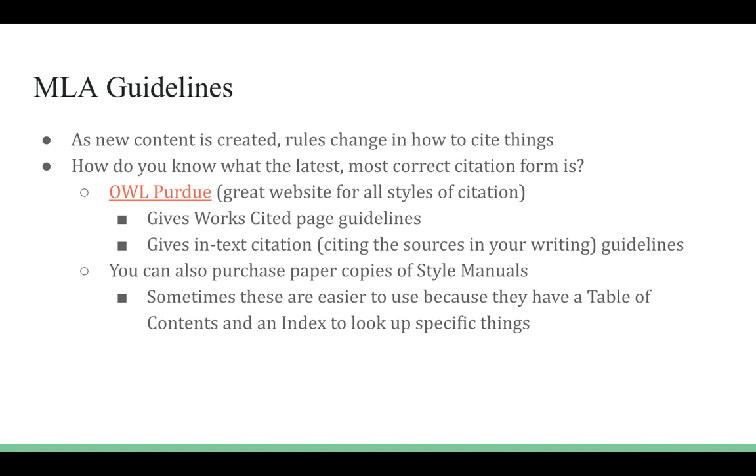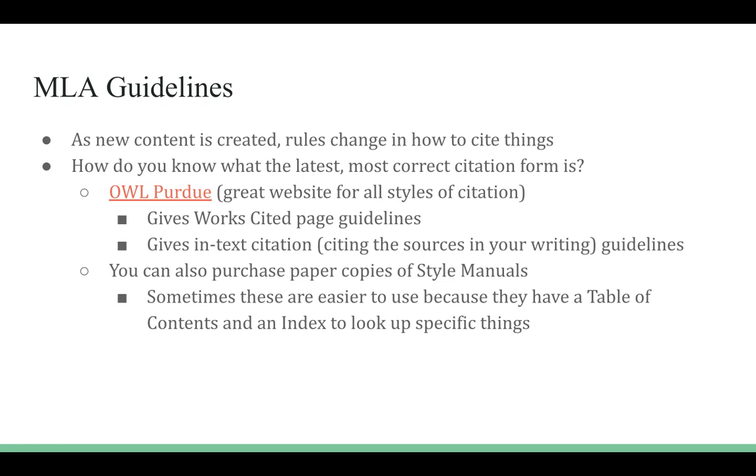But without being told specifically or sent to a specific place, how do you know what the latest, most correct citation form is? The website that I would refer you to is called OWL Purdue. It's a college website that a writing center at that college put together. They keep it updated. There's a world of information on that website.